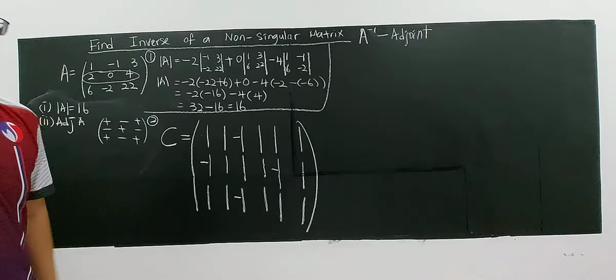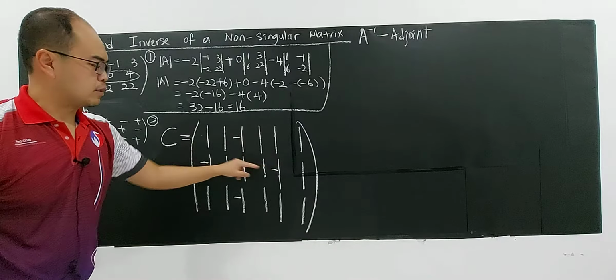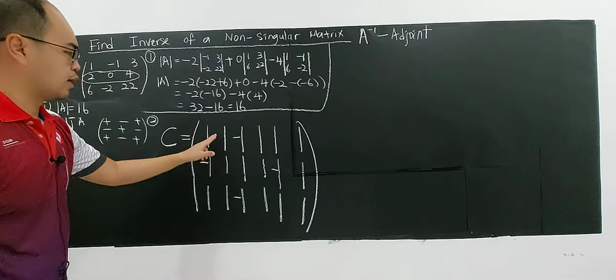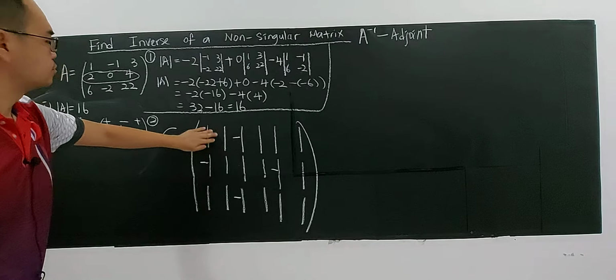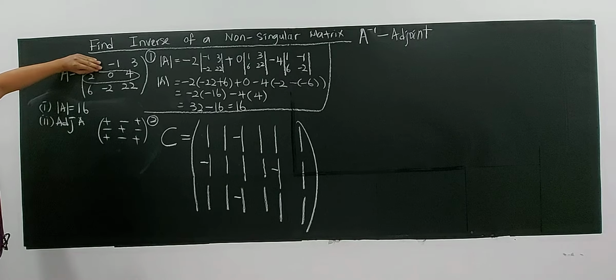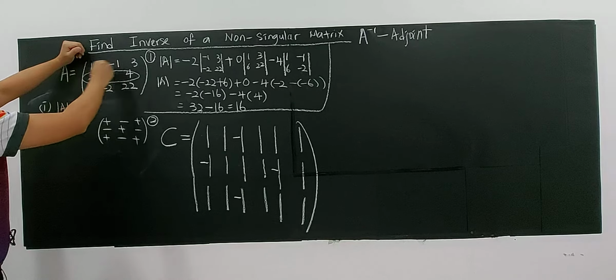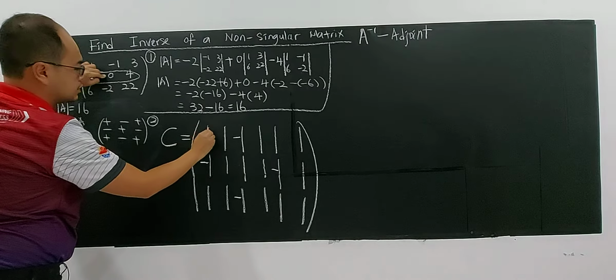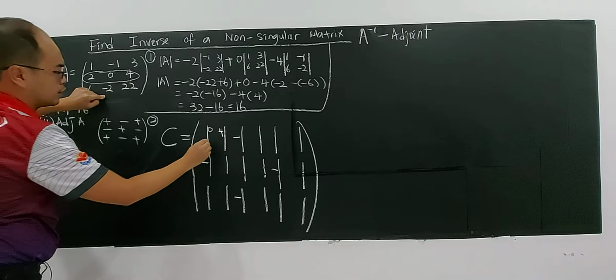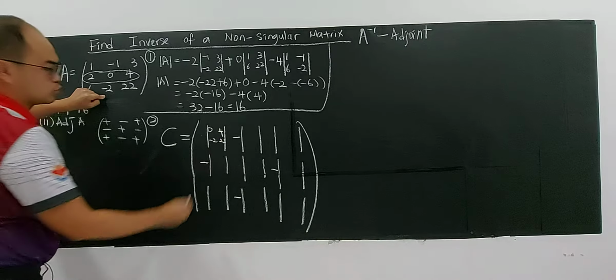after this, you have to insert all the values for the minors one by one. So the minor for this is referred to 1 here. Alright, so you delete the row and the column, you have 0, 4, negative 2, 22.